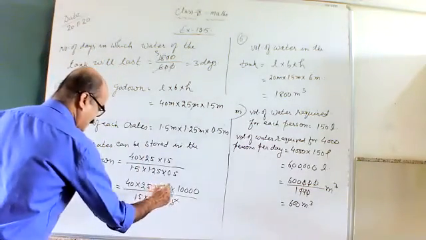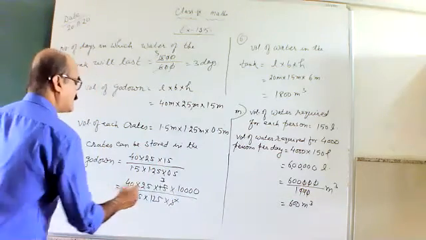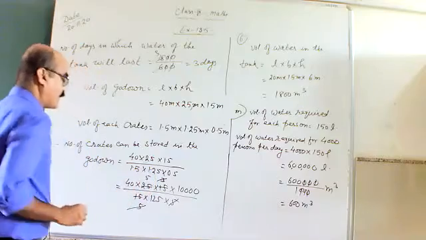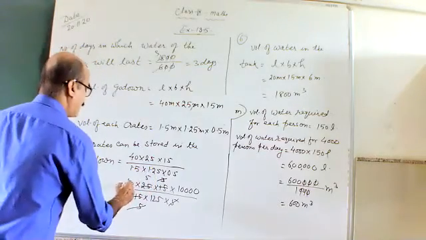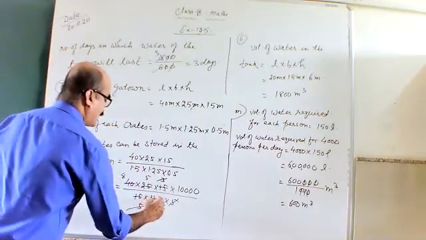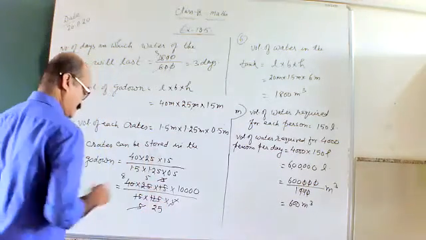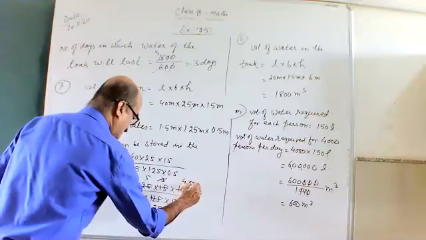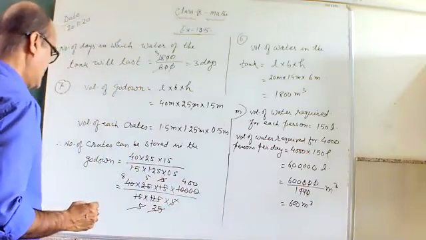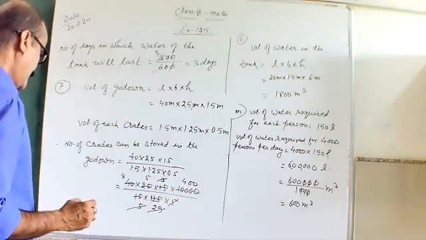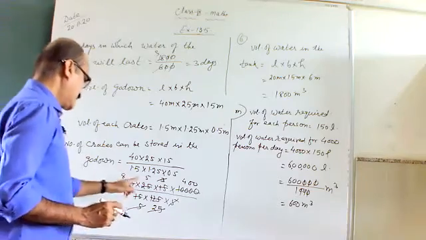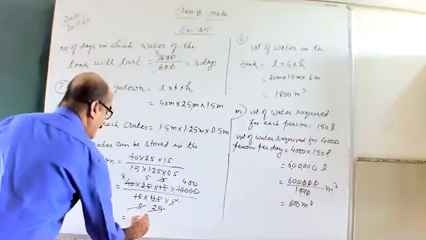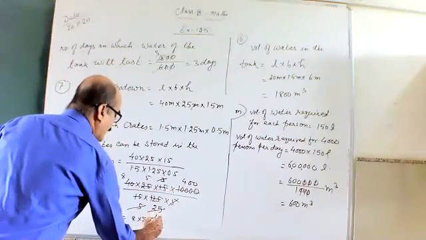5 threes are 15, 3 fives are 15, 5 fives are 25, 25 fours are 100, double zero. Then what is left? 8 fives are 40, that is 8 into 5 into 400.